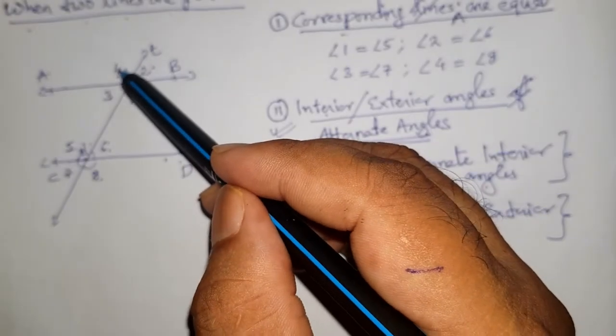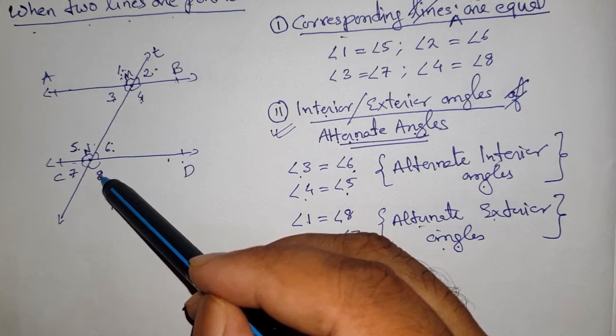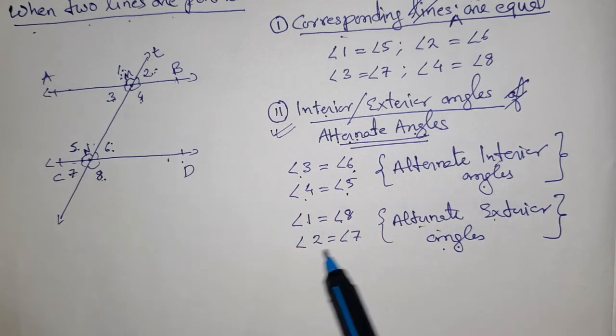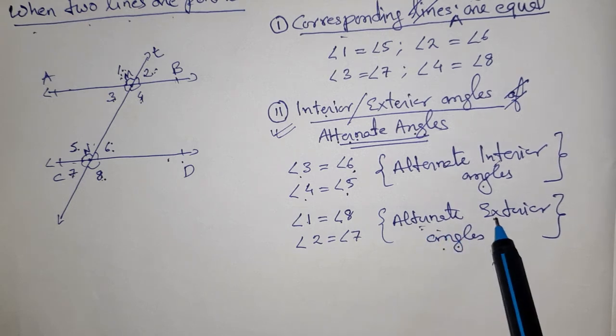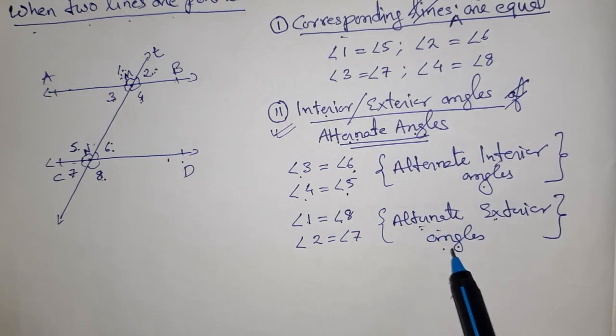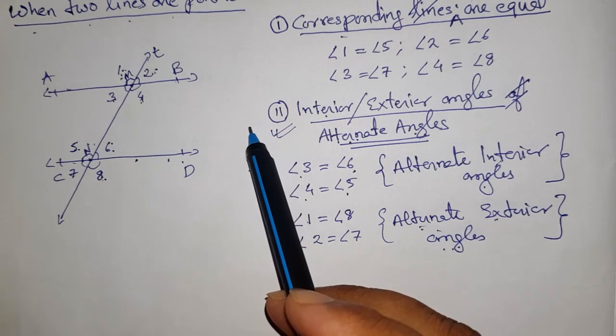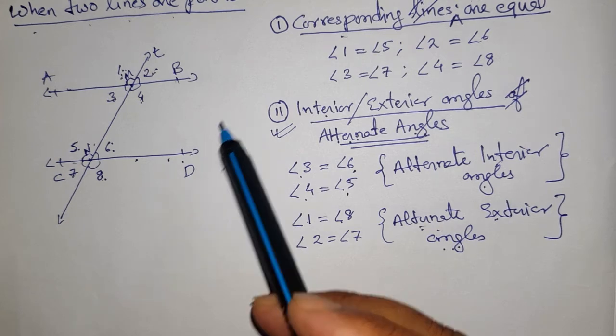You see in the figure, angle 1 equal to angle 8, as well as angle 2 equal to angle 7. They are also known as alternate exterior angles. Then we can tell that AB is parallel to CD. So that is the second condition. Correct?